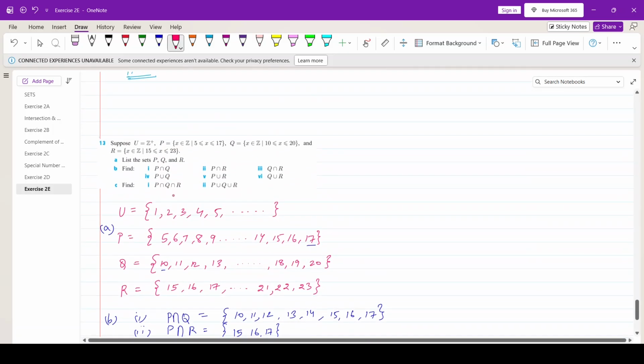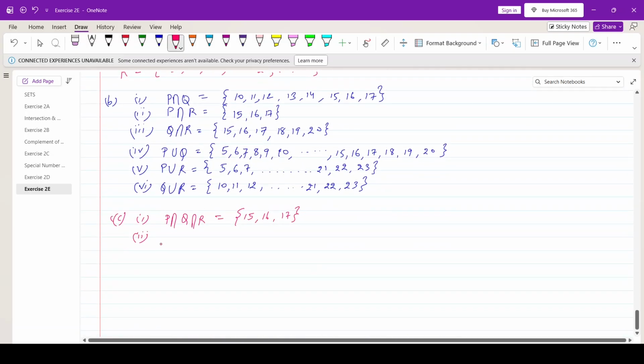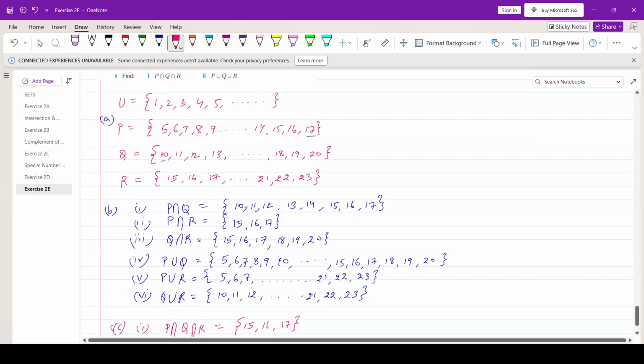Subpart 2 says P union Q union R. So P union Q union R, that will be everything present in P, Q and R written only once.